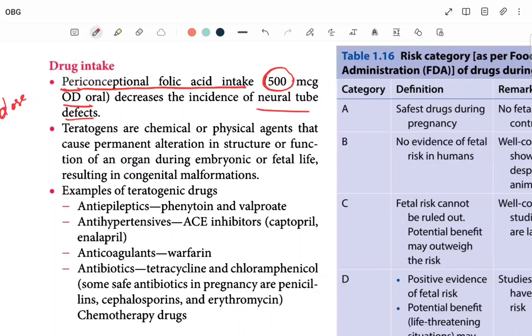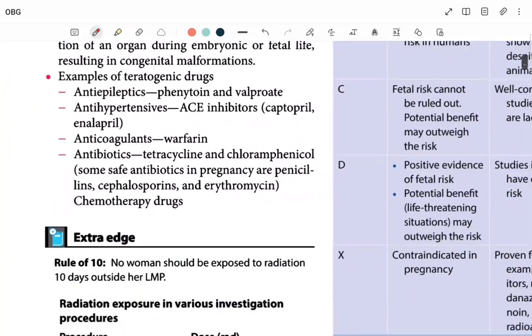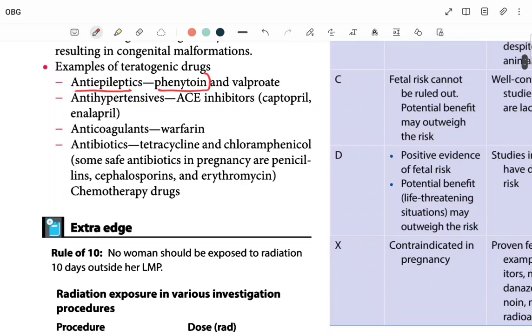Examples of teratogenic drugs are antiepileptics like phenytoin, valproate, antihypertensives like ACE inhibitors such as captopril, enalapril, anticoagulants such as warfarin, antibiotics such as tetracycline and chloramphenicol. All these are teratogenic drugs.